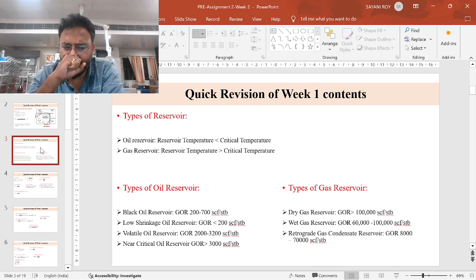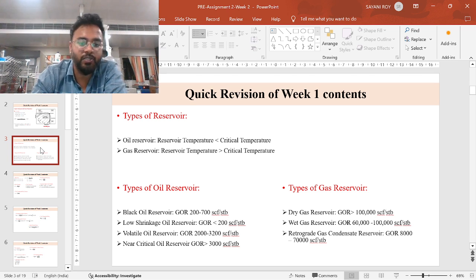This is a basic definition by which we can distinguish between an oil reservoir and a gas reservoir. Then again, there are types of oil reservoir: black oil reservoir, low shrinkage oil reservoir, volatile oil reservoir, and near critical oil reservoir. Again, there are types of gas reservoir: dry gas reservoir, wet gas reservoir, and retrograde condensate reservoir.